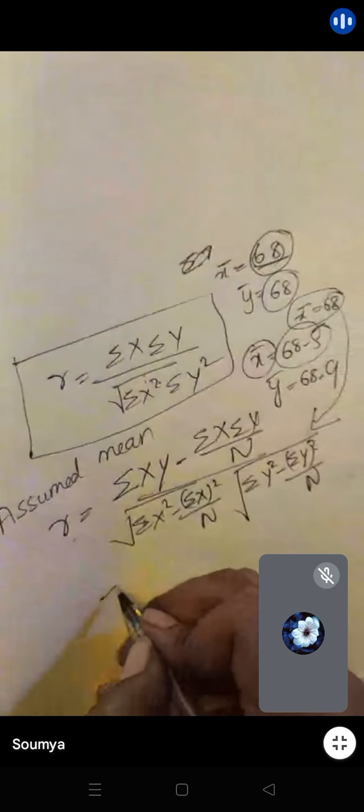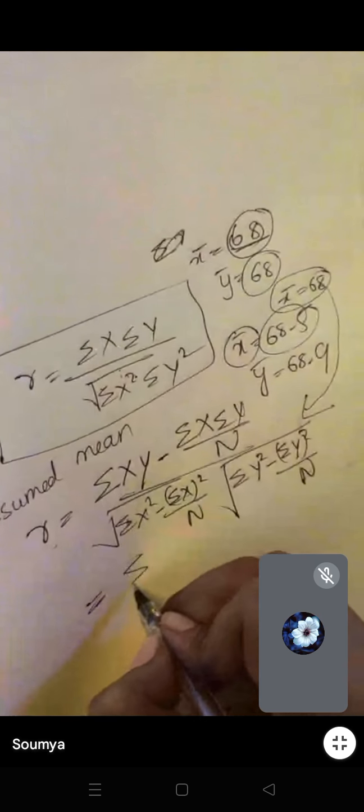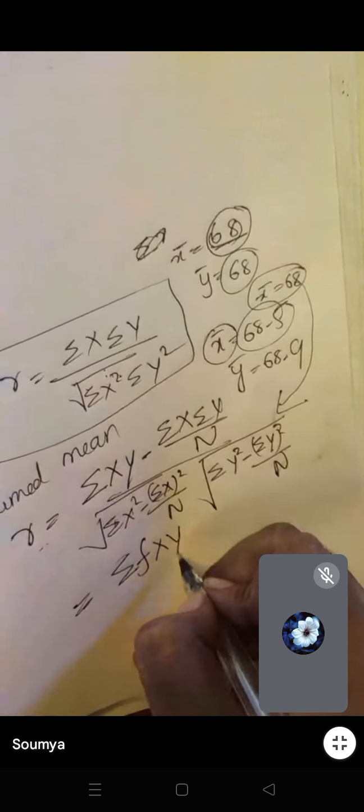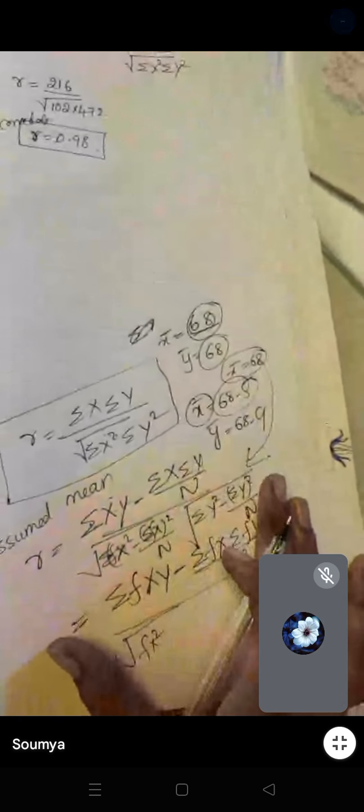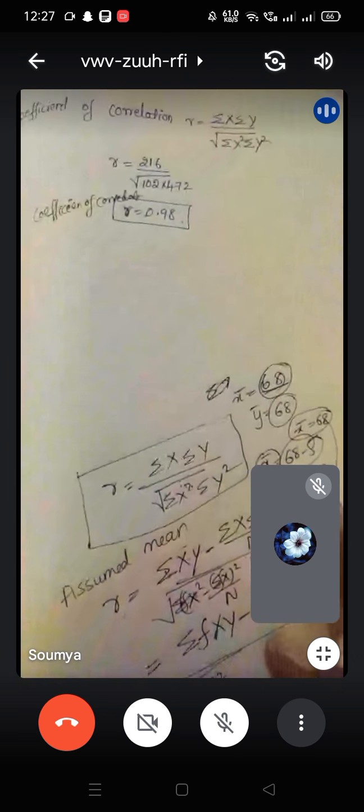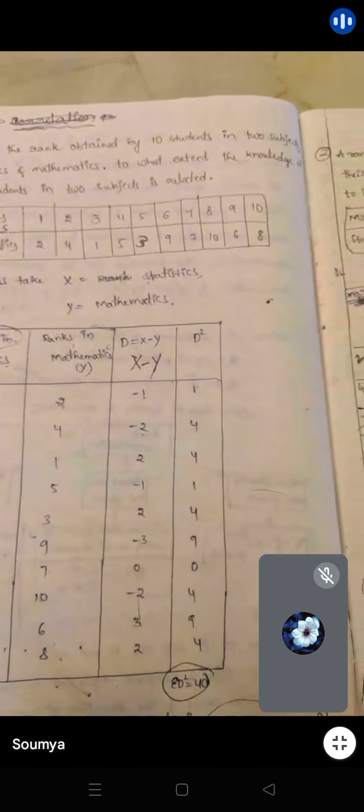Suppose the frequency is given, you have to multiply f with these things. That's it: summation fxy minus summation fx, summation fy by n, under root, and in the place of x we get fx whole square, like this. You have to memorize these three formulas, and the rank correlation formula.